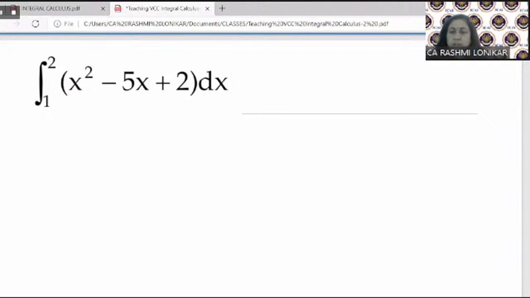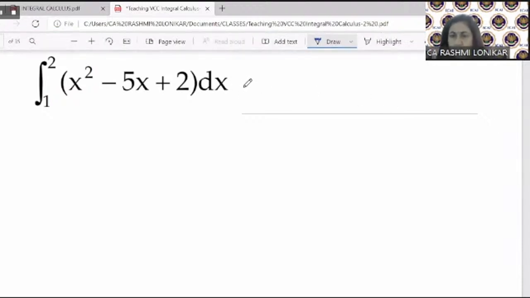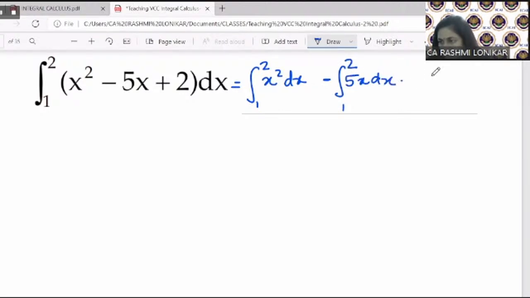Okay. Now this question, integral 1 to 2 x square minus 5x plus 2. Now this is equal to, we use the rule of addition of functions. So this is equal to integral 1 to 2 x square dx minus integral of 1 to 2 5x dx plus integral of 2 dx 1 to 2.